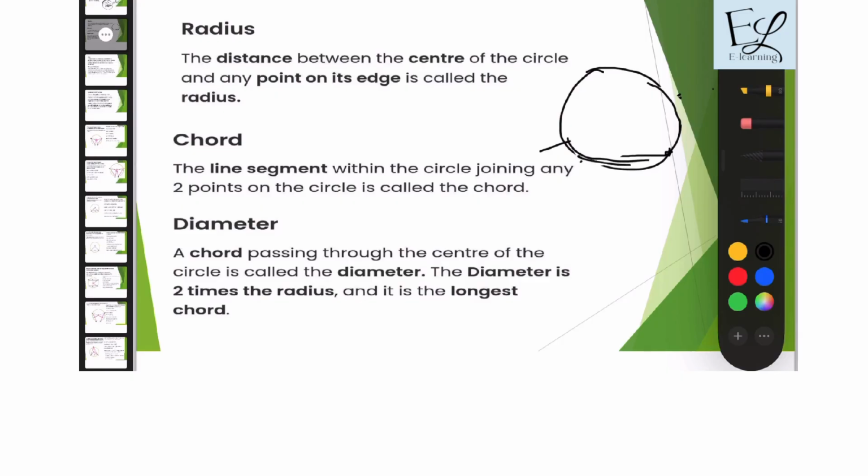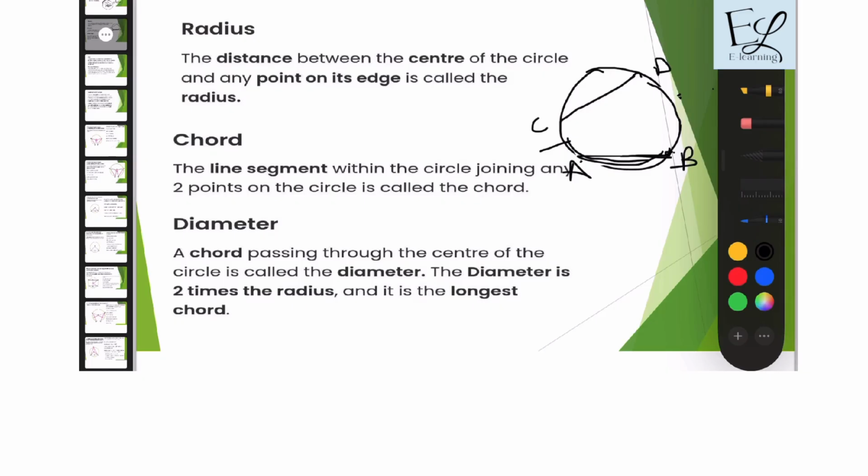So I'm naming it, suppose, A and B. This is also a chord because it is not passing through the center point, like C and D.